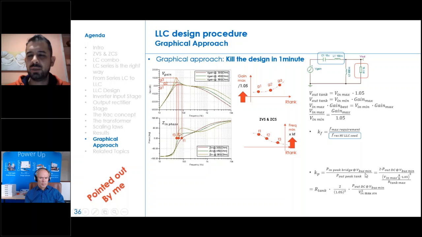If I proceed with the calculation, I get that this Kp factor can be obtained by multiplying two terms, one term that is tank dependent and another term that is requirements dependent. If I sketch this plot too, I get that by increasing the tank resistor, I get this parameter, which I call epsilon, multiplying this quantity here.